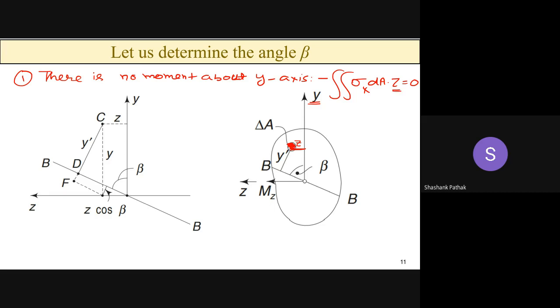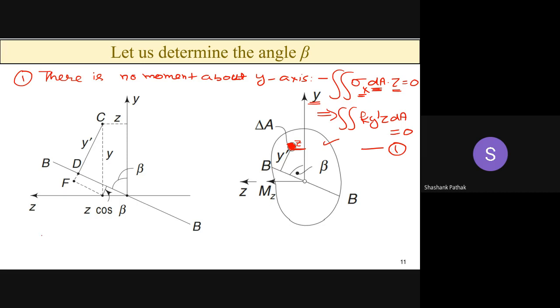On this small area dA, the stress sigma x is acting, so sigma x dA is the differential force. If you multiply by z, you get the moment about y, and if you integrate over this entire area, you get this equal to 0. Now you know that sigma x, as we have already calculated, is k y prime, so the integral of k y prime z dA equals 0. This will be your first equation from your first observation.